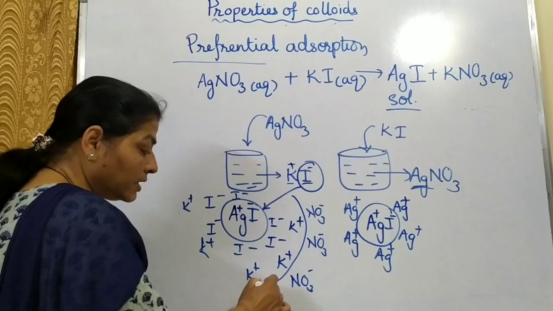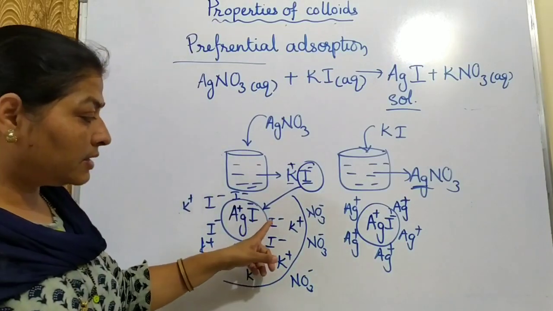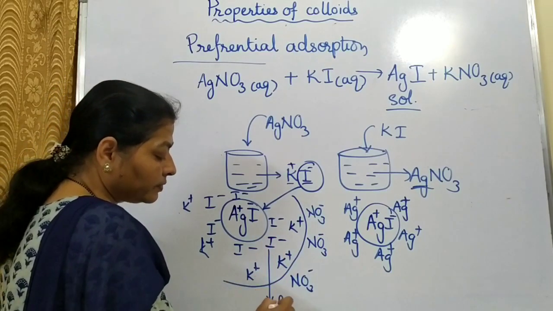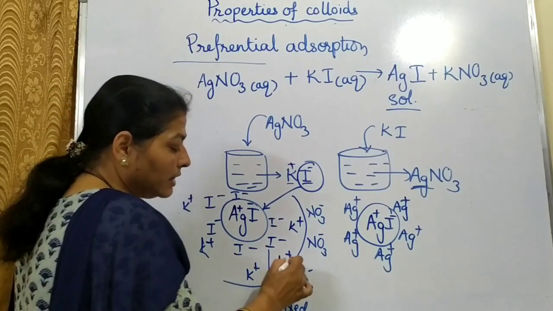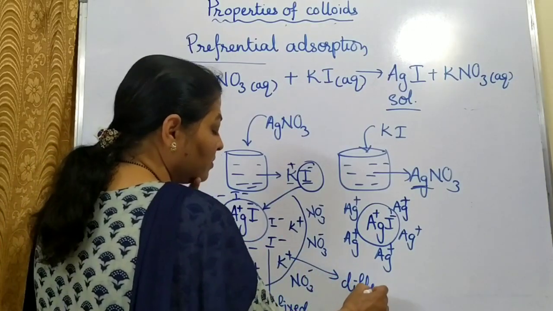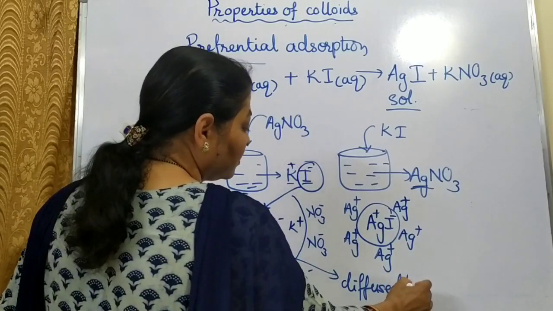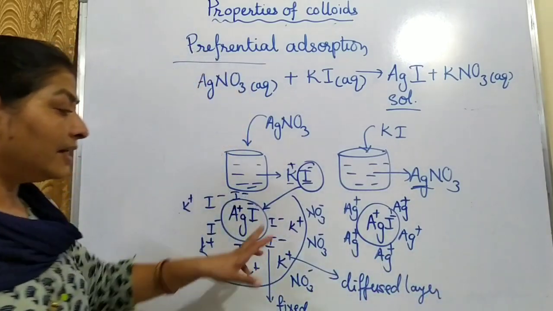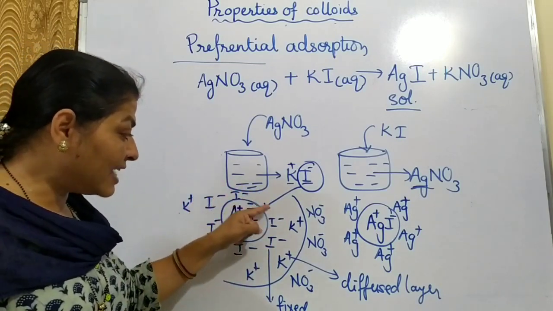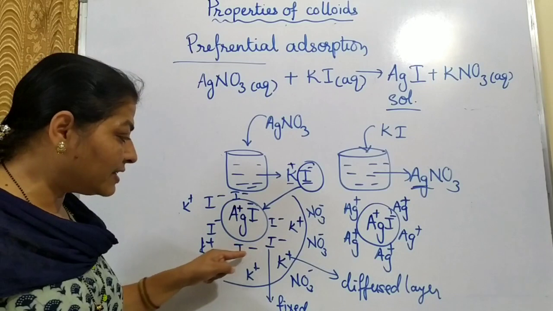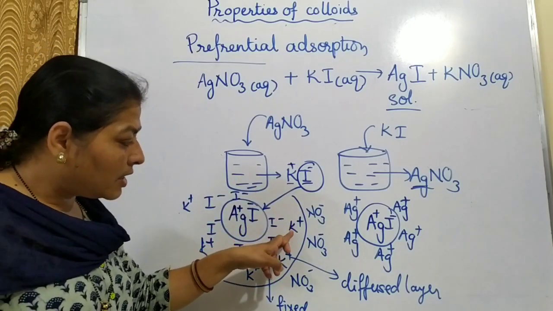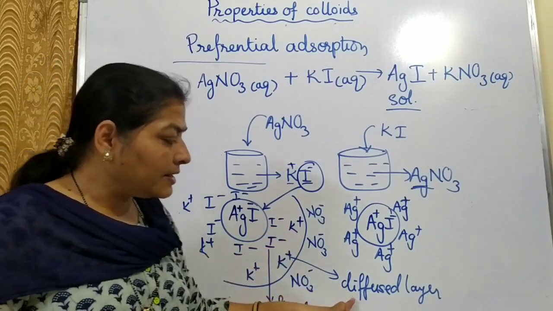But we are more concerned with this. Further we are going to discuss these two layers. This one is the fixed layer, and the layer just next to the fixed layer is the diffuse layer. So there is a double layer formation on the surface of the colloidal particles. One is that which gets adsorbed, the fixed layer, and the next layer of charges just next to it we call the diffuse layer.